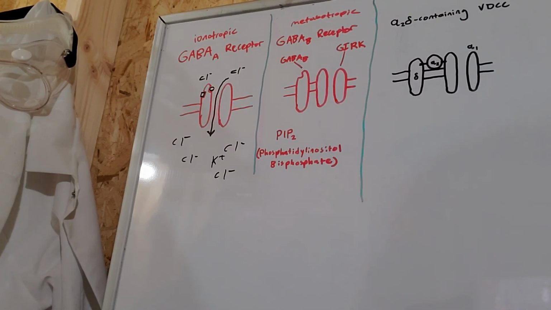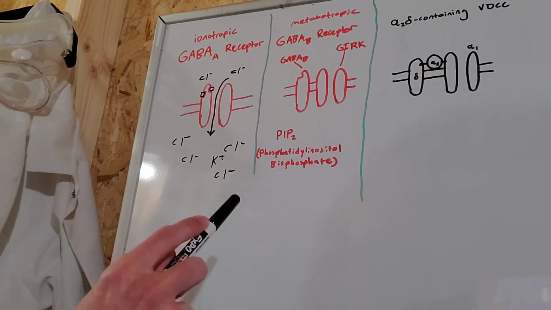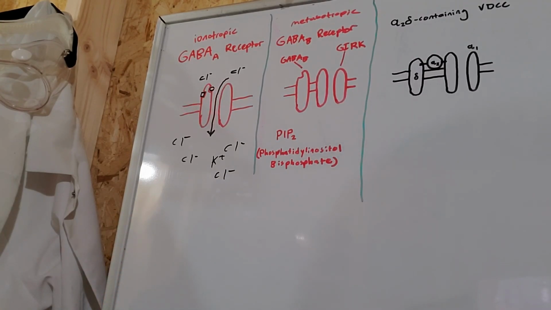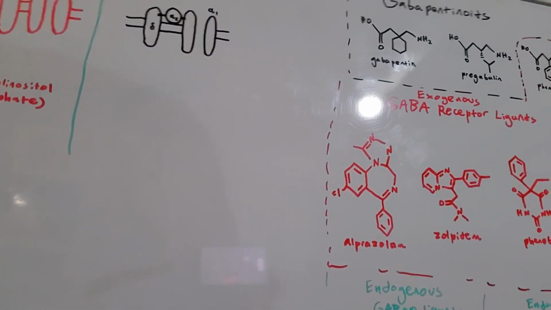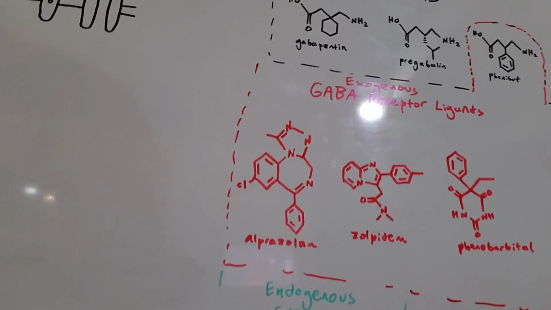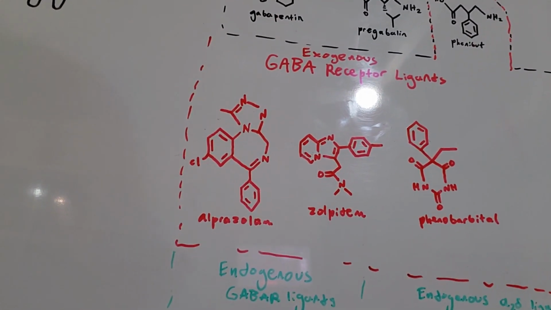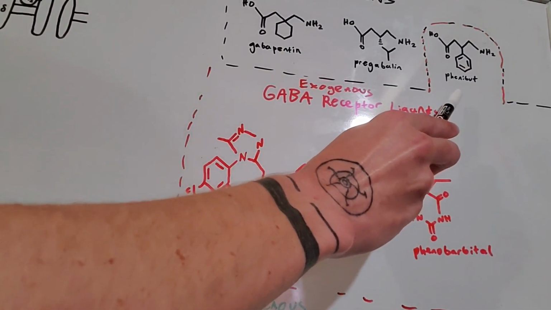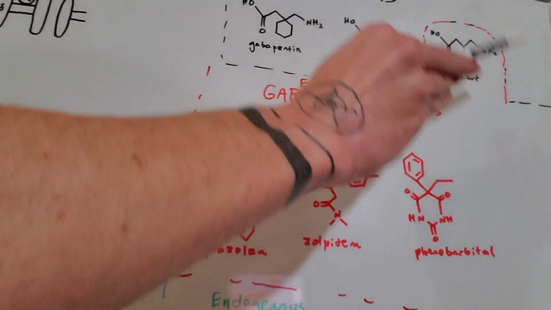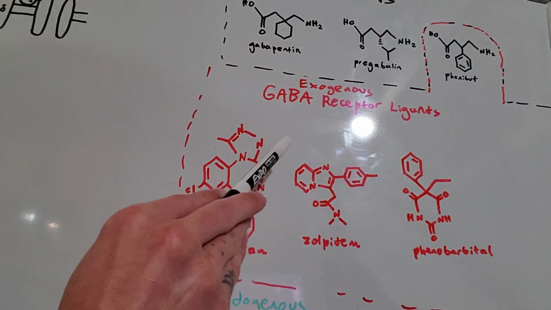So next, I'd like to talk about the GABA-B receptor, which is also targeted by benzodiazepines. And interestingly enough, you might have noticed in the illustration of the gabapentinoids, we have phenibut right here, which is also partially enclosed within the GABA receptor ligands.